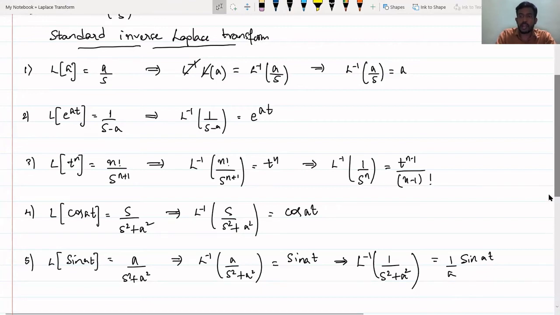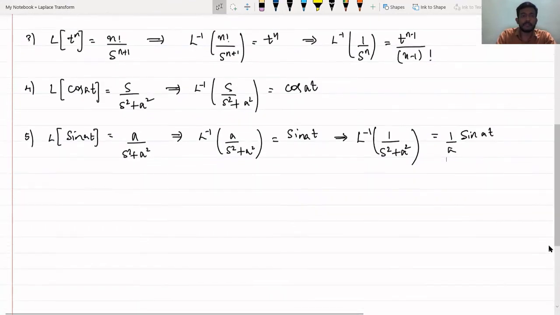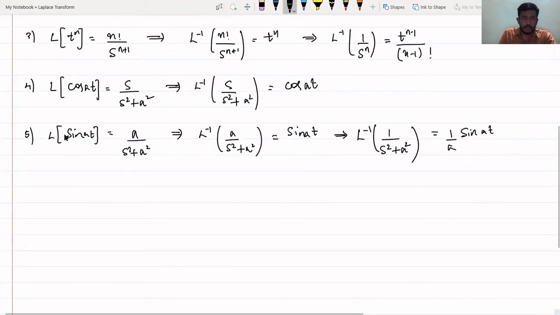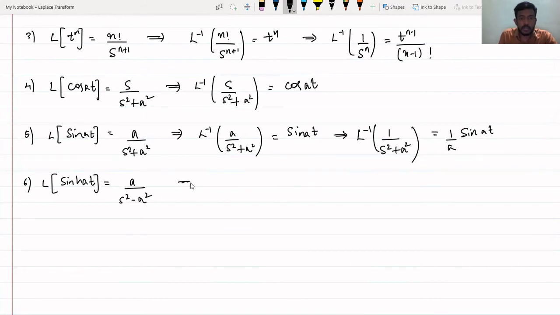We move now to the hyperbolic functions. The next one: we know that Laplace transformation of sinh at is given by a divided by s square minus a square, which implies that inverse Laplace transformation of a by s square minus a square is equal to sinh at.